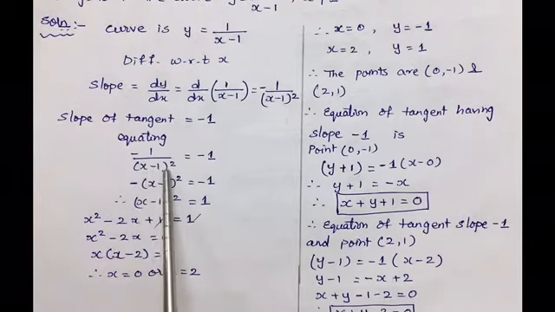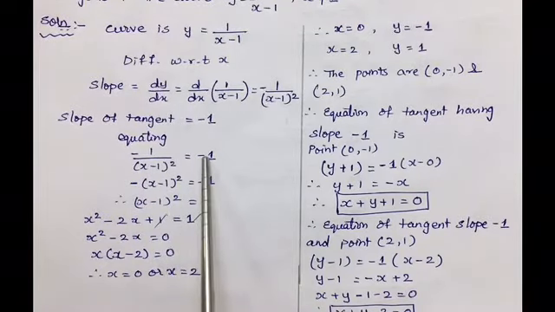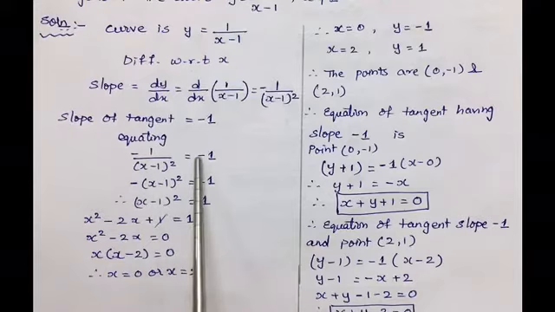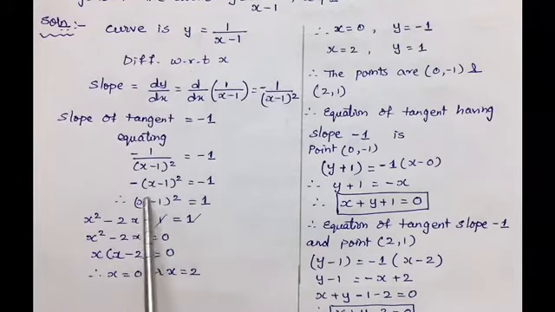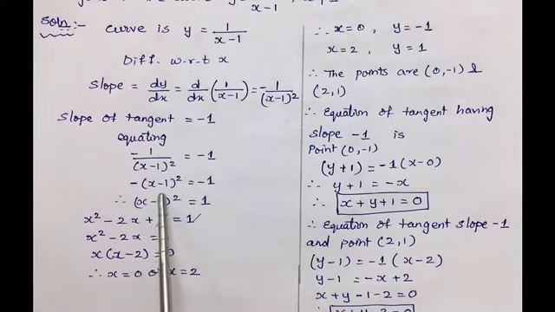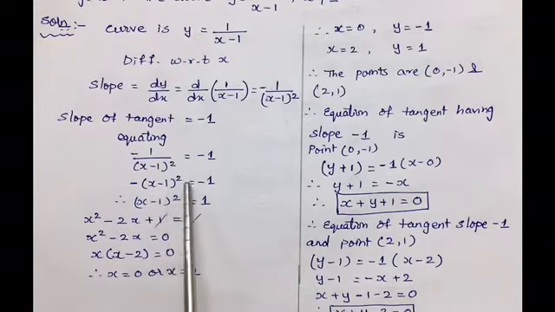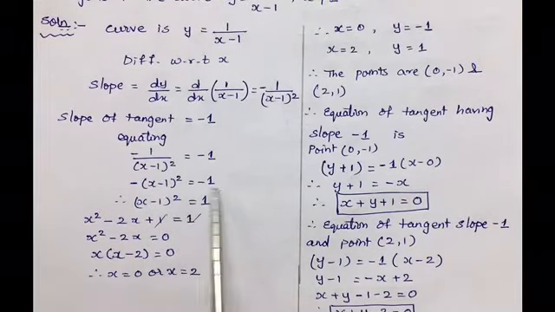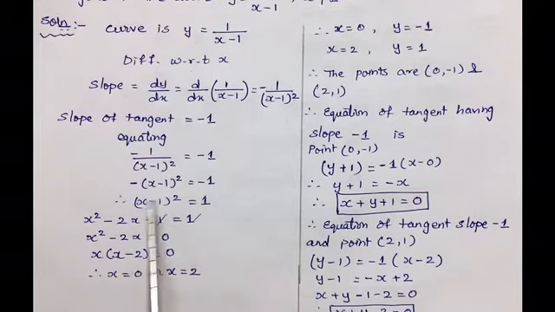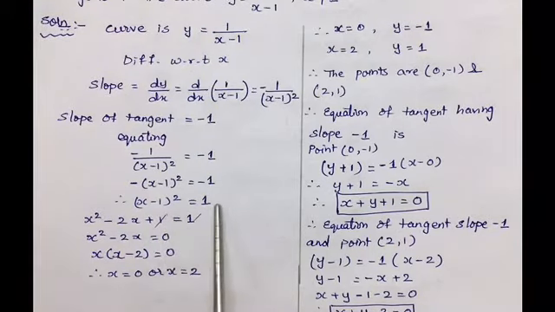-1 upon x minus 1 whole square is equal to -1, negative and negative gets removed. Taking up the reciprocal gives x minus 1 whole square equal to 1.